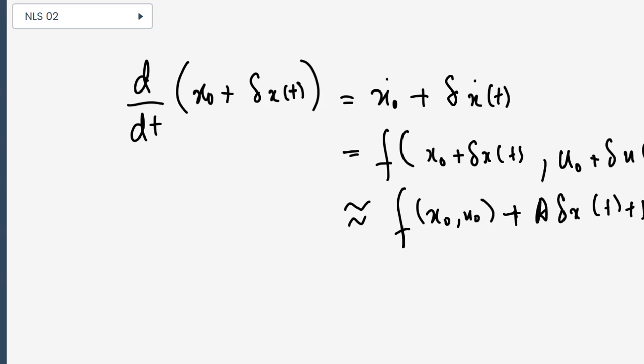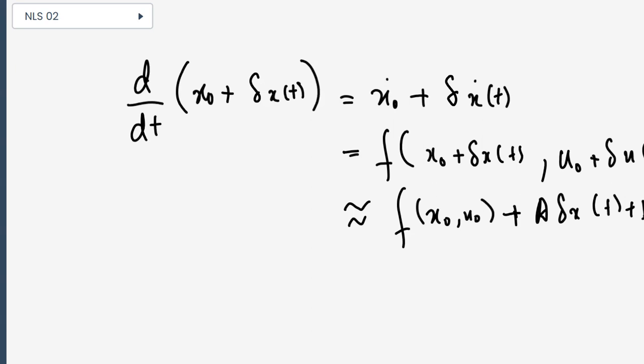For the linear system, x dot is equal to Ax(t) plus Bu(t). Now we can apply that here because our system is a linearized model, and we can use that function to find out A and B.